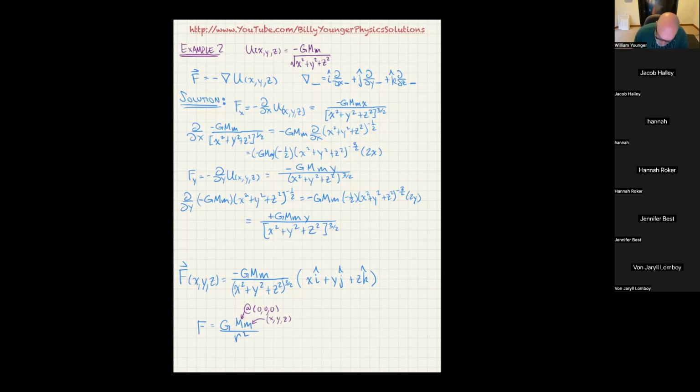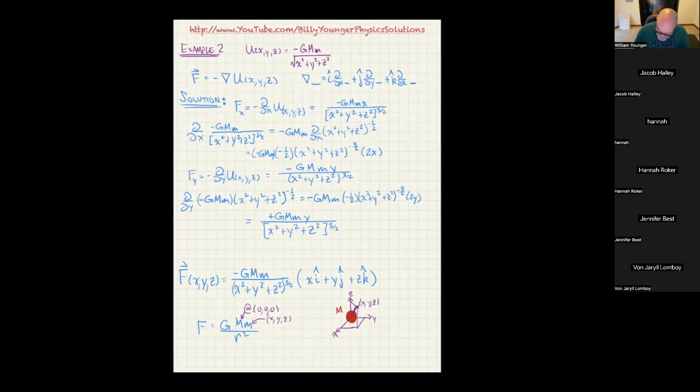So if we imagine a coordinate system, X, Y, Z, and we put a ginormous mass at the origin, and that mass is M, and then out here at this X, this Y value, and this Z value, we'd want that vector to point straight in from that point. And this point, of course, is X, Y, Z.